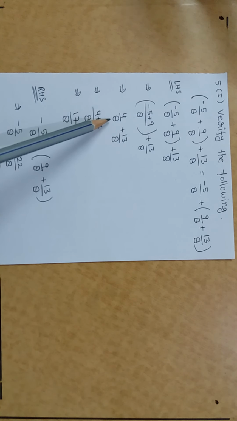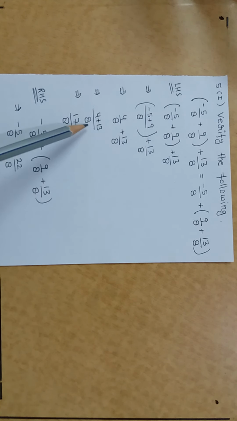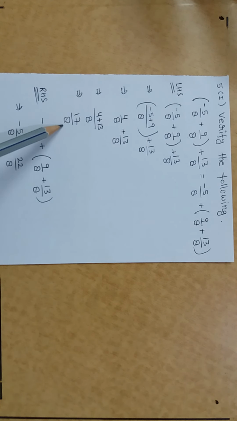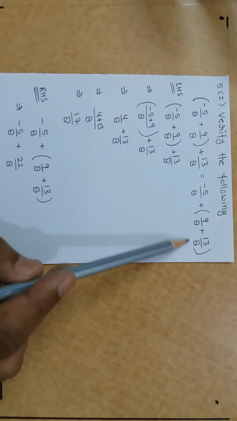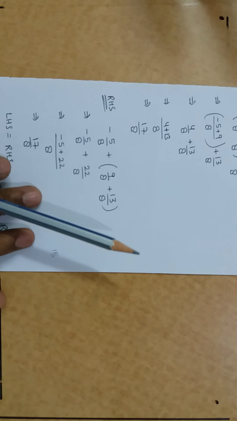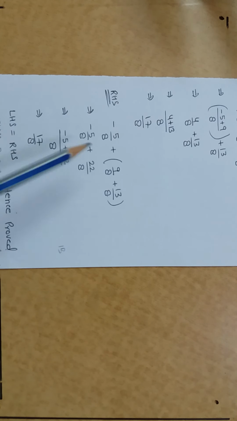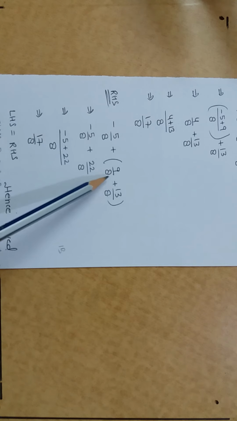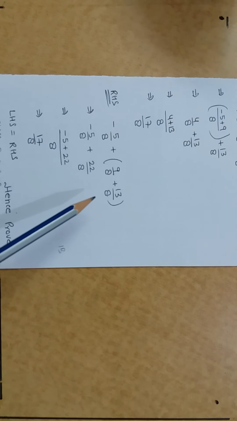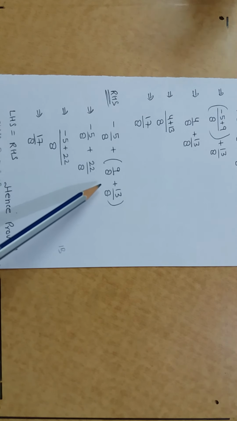Next step, again denominators are equal, so simply take 8 as LCM. 4 plus 13 is 17 upon 8. It is the value of the left hand side. Left hand side value is 17 upon 8. Now discuss the right hand side. We write minus 5 upon 8, 9 upon 8 and 13 upon 8. According to the BODMAS rule, here we also first simplify the bracket term.